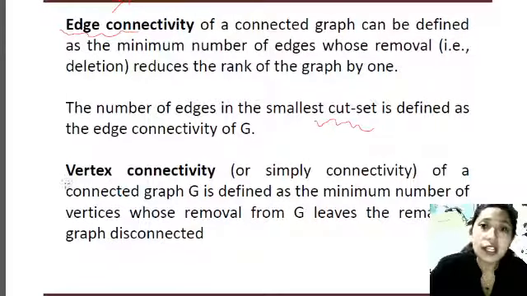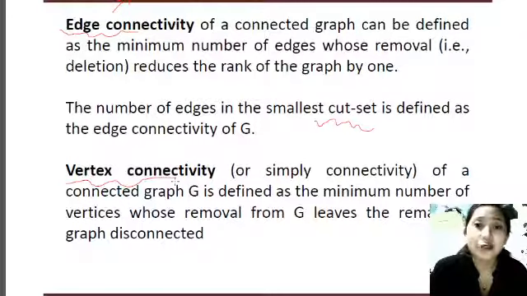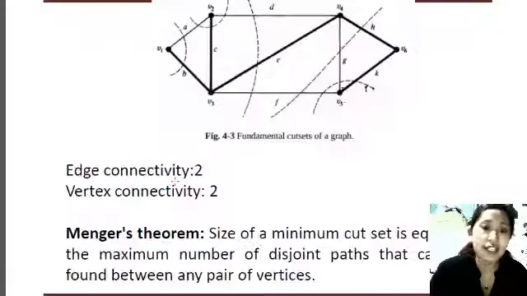Similarly, vertex connectivity is the minimum number of vertices which, if you remove from your graph, will make your graph disconnected. Disconnected here means there have to be at least two connected components. Disconnected does not mean that removing an end vertex leaves a resultant graph that is disconnected. So this we will see here.